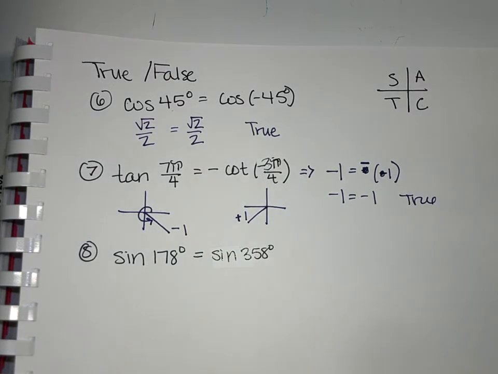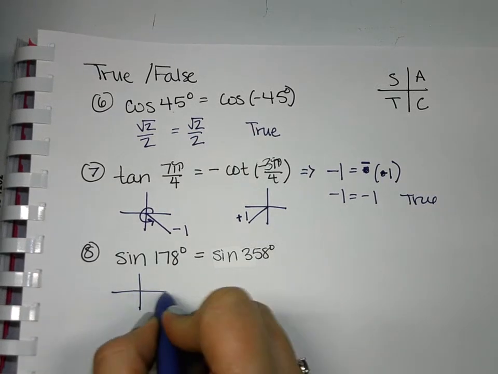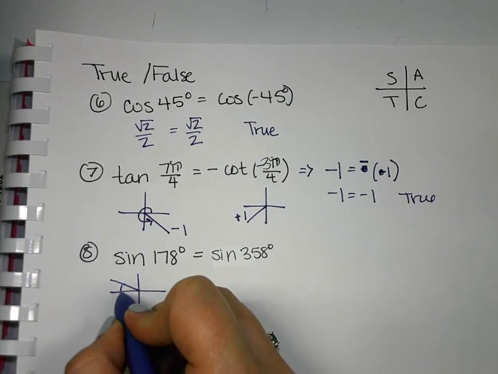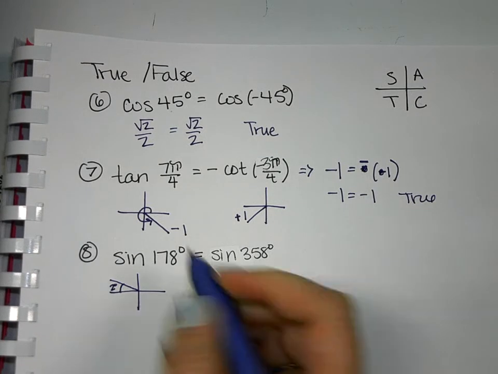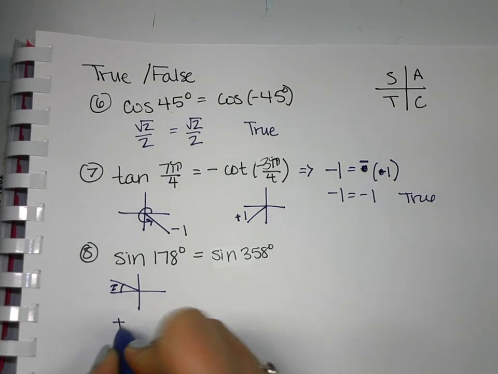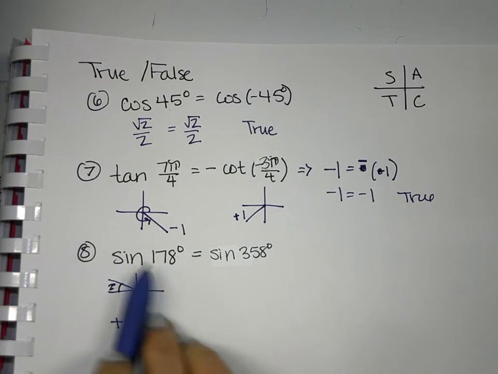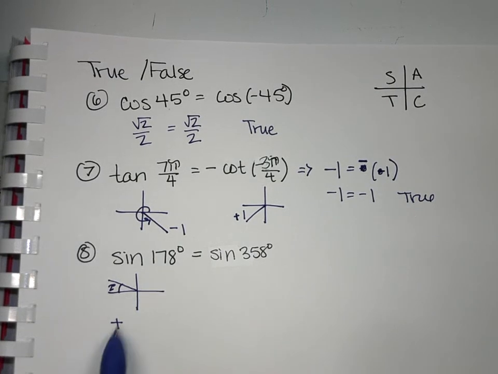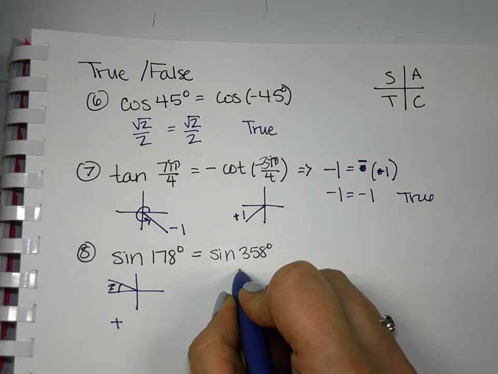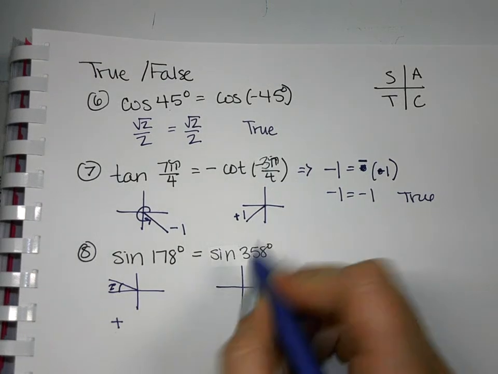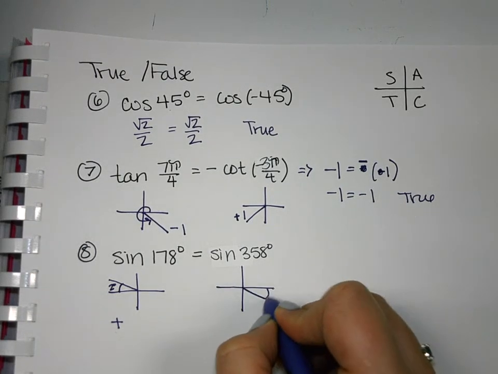So this is where reference angles and All Students Take Calculus come into play. Are the reference angles the same, are the sines the same? 178 is over here with a reference angle of 2 degrees. Sines are positive in this quadrant, so whatever my value is, it's going to be positive. 358 is over here with a reference angle of 2 degrees.